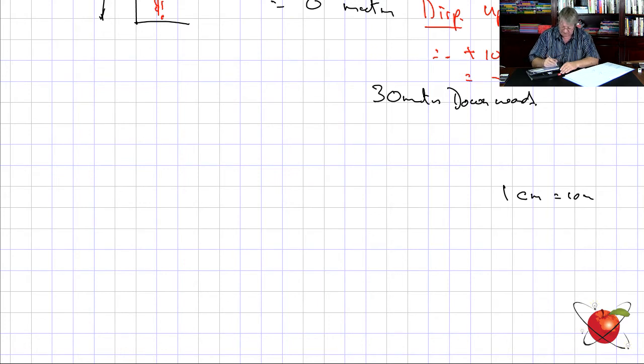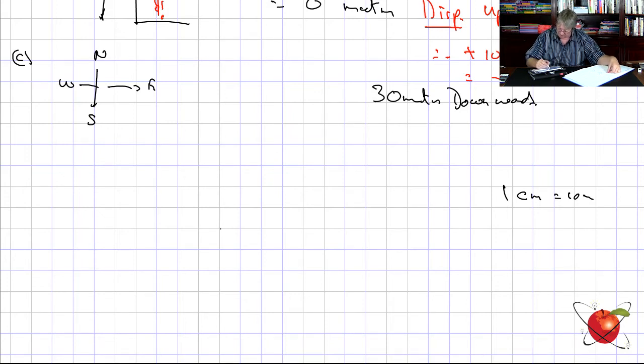So I put my scale down. This is question C. And let's start. We first of all start from 50 meters east. Now let's just check north, south, east, west. So first of all, we went 50 meters to the east. And they say 1, 2, 3, 4, 5.